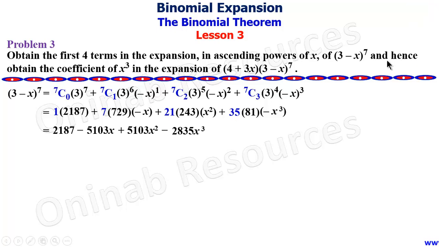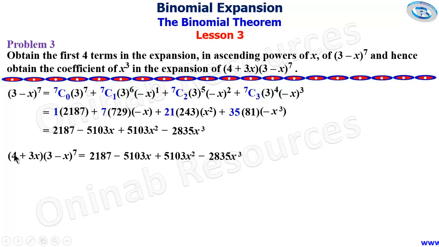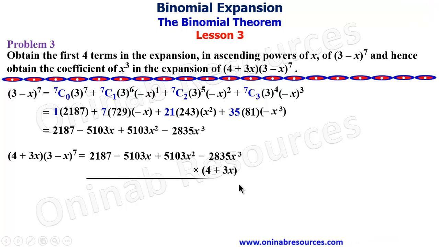So we go ahead to get the coefficient of the expansion of this. So for this, we have 4 plus 3x into 3 minus x all to the power of 7. It is as good as multiplying the result here by this. So we have our result multiplied by 4 plus 3x. We are not going to carry out the complete expansion because it is not all that will give us the coefficient of x raised to power 3.